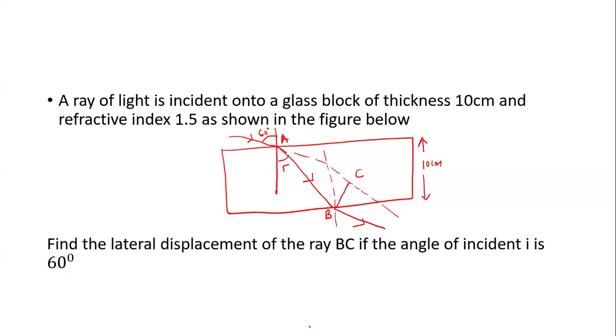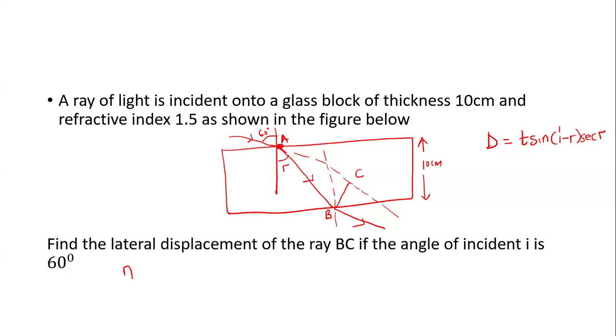So when you look at our formula that we have to use, you are noticing that our D is given by T sine of I minus R sec R. But when you look at the angles being given, we don't have the angle of refraction. Meaning that in order for you to be able to calculate, you need to first find the angle of refraction, which is R. Now you come and say that at this point, we shall apply Snell's law.